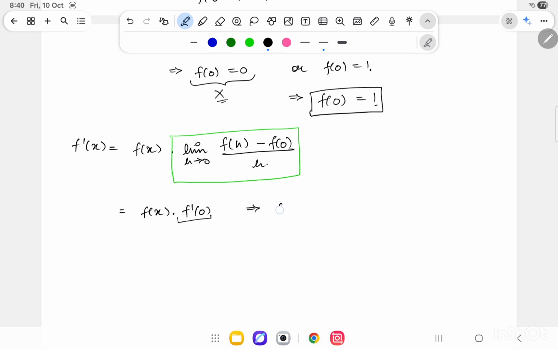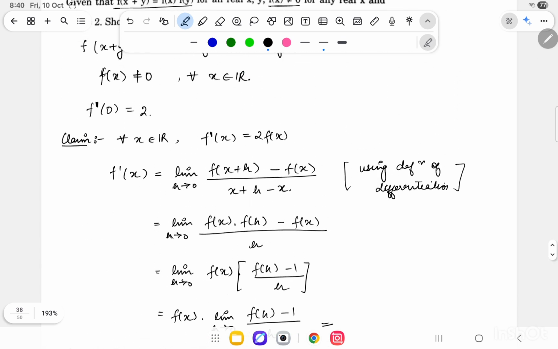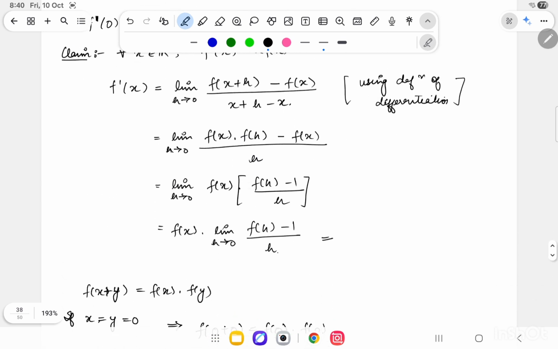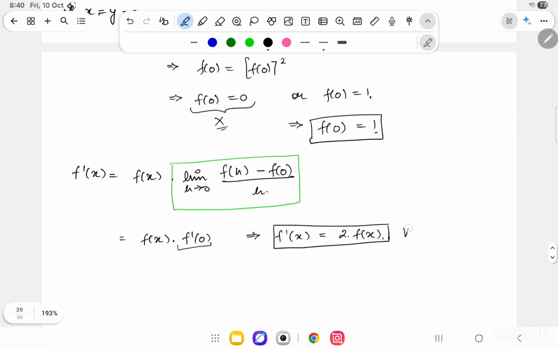So from here I got f'(x) equals 2 times f(x). So this is the relation we are supposed to prove. Also observe that initially we took x to be an arbitrary real. Since we have proved it for any arbitrary real, it's true for all x in the real numbers.